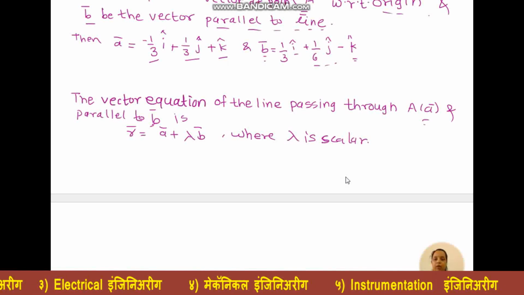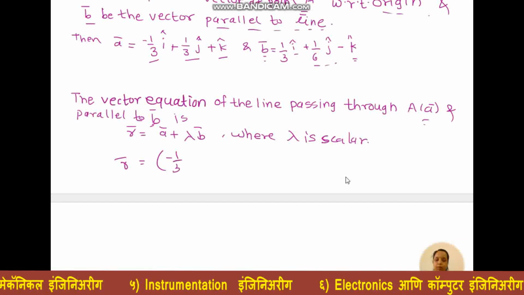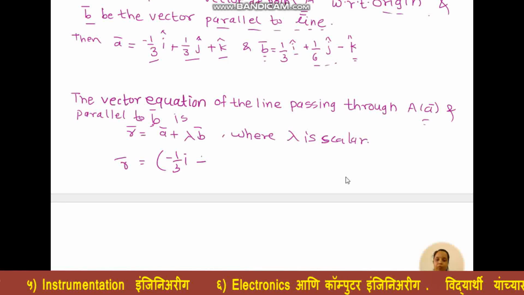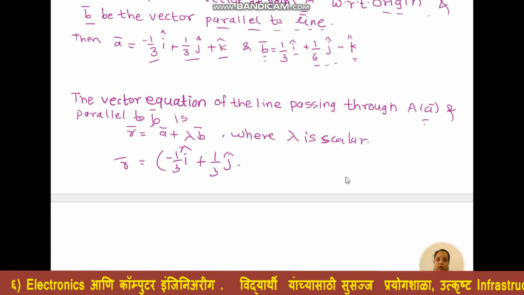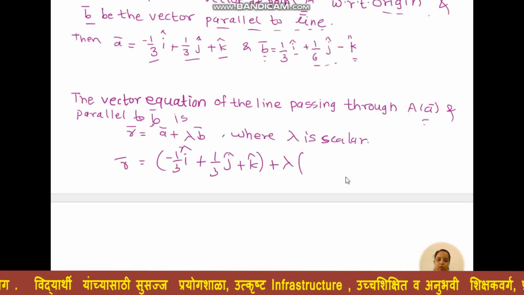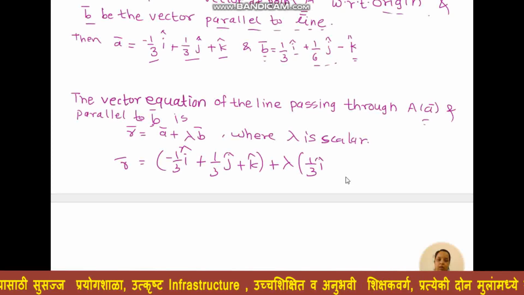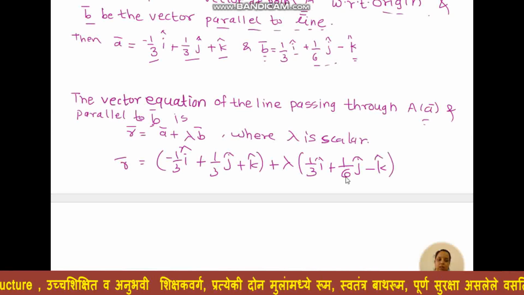Now substitute values of A bar and B bar. So we get R bar is equal to minus 1 upon 3 i plus 1 upon 3 j plus k plus lambda times (1 upon 3 i plus 1 upon 6 j minus k).